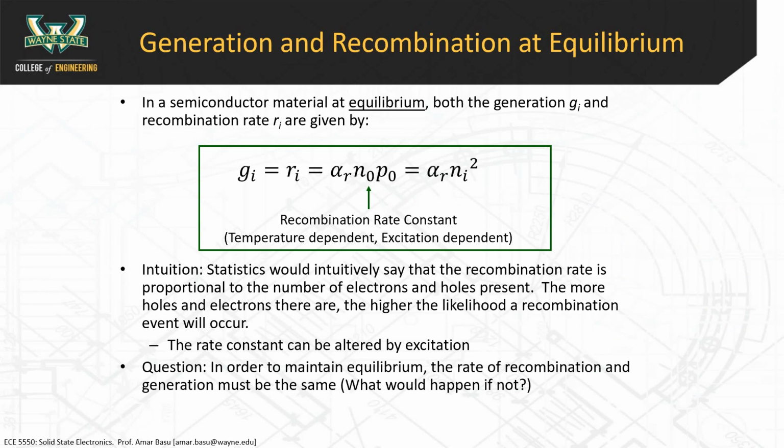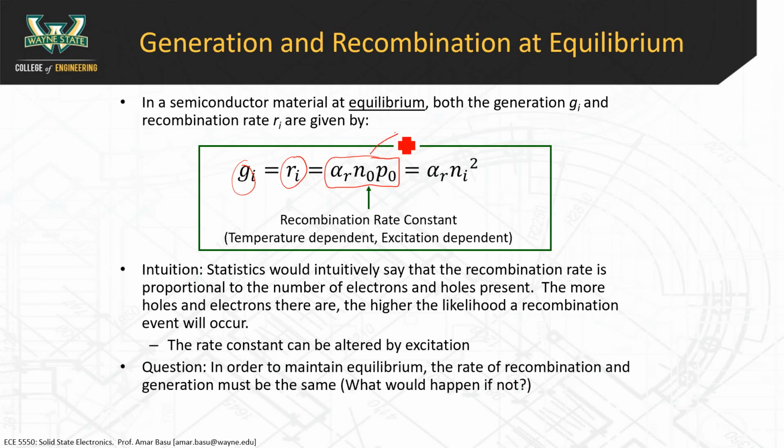So that's why the generation process and the recombination process eventually end up at equilibrium. At equilibrium, the generation rate is equal to the recombination rate. These both have units of 1 per second, and it's equal to alpha r times n0 times p0.